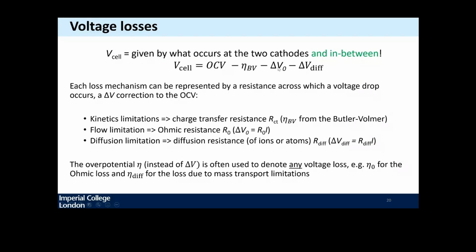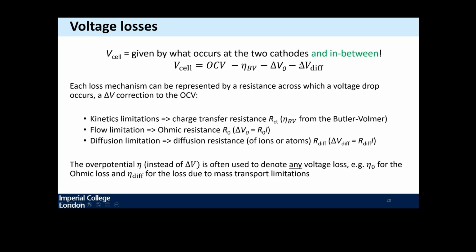I have a voltage loss from the ohmic resistance, so this is everything that acts as a resistor inside the battery. It could be your tap connection, it could be your diffusion in the electrolyte, it could be your electron diffusion through the tortuous binders to reach the place of the interface where the reaction occurs, and so on.